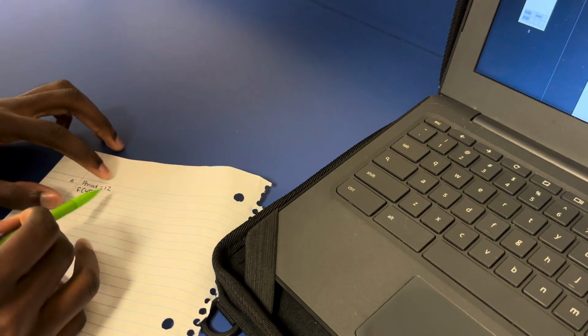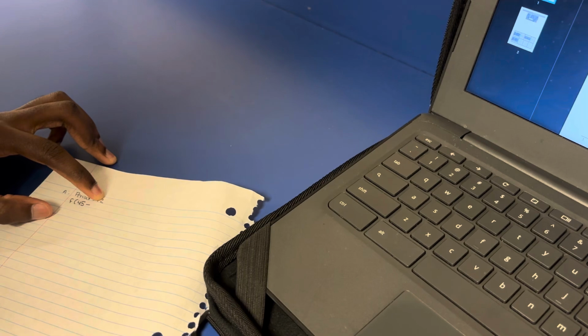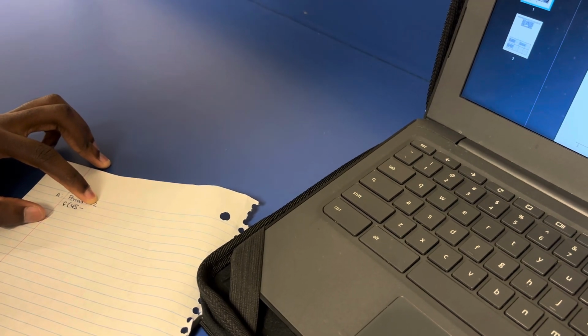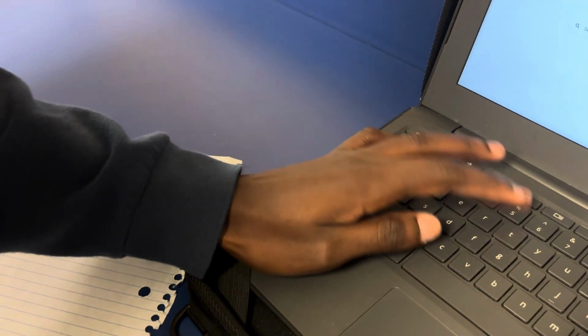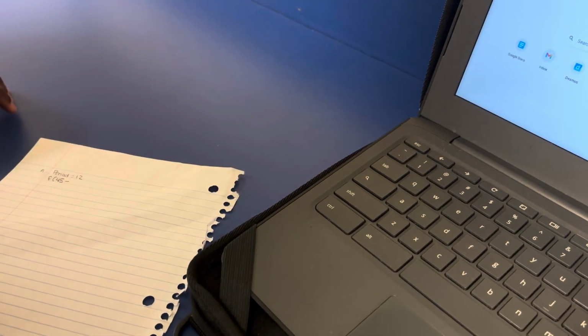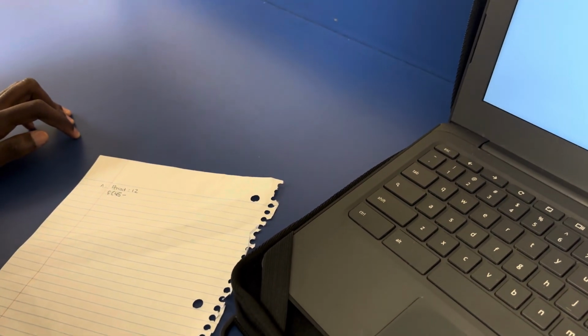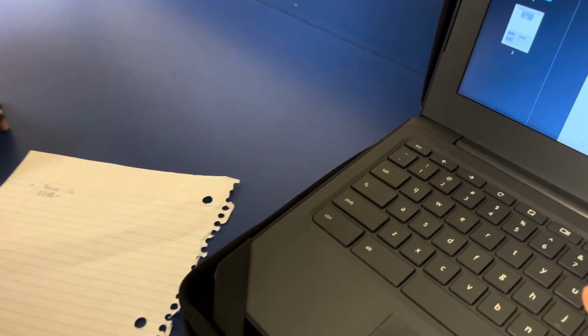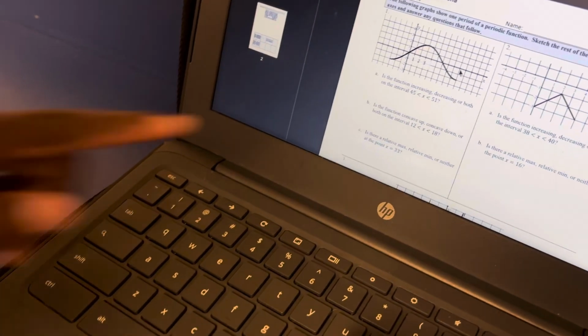When I say something, we're trying to multiply the period by a number that gets us close to 45. For example, 12 times 3 is 36. If we do 45 minus 36, that is 9. And do we see 9 on the graph here? 3, 4, 5, 6, 7, 8, 9. Yes, we do. We see 9 right here.